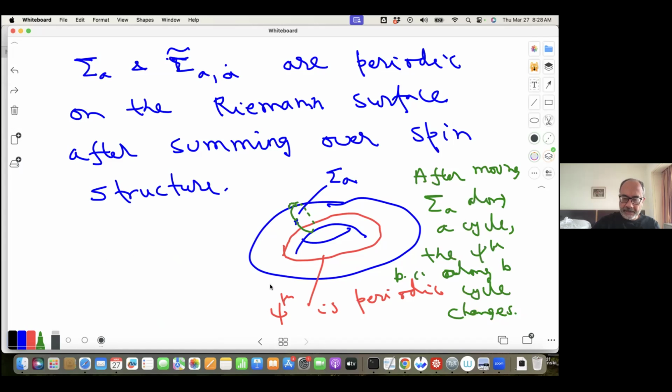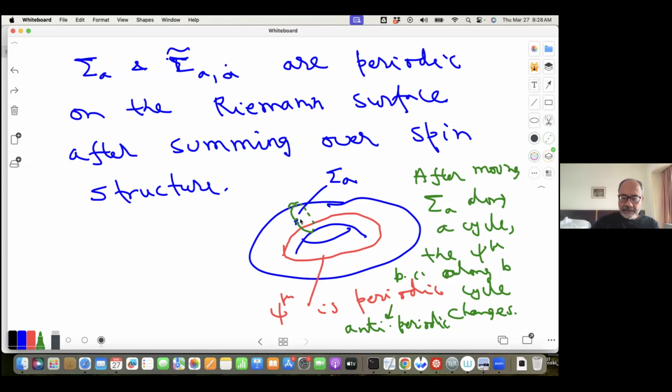So if it was periodic, it will become anti-periodic, and vice versa. Is this clear? And changing the boundary condition of psi mu is the spin structure, right? That means the spin structure changes.